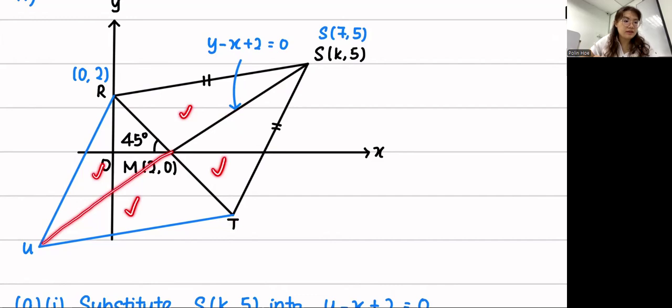Find the area of this parallelogram. Don't forget, we do not have the value of T.